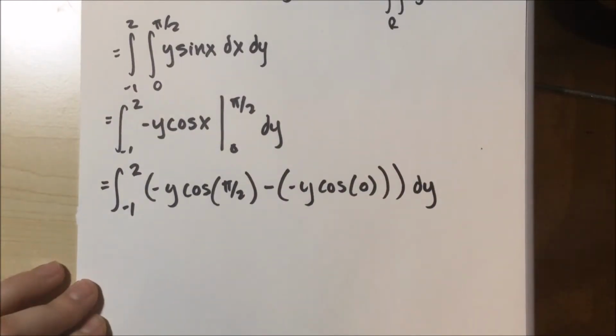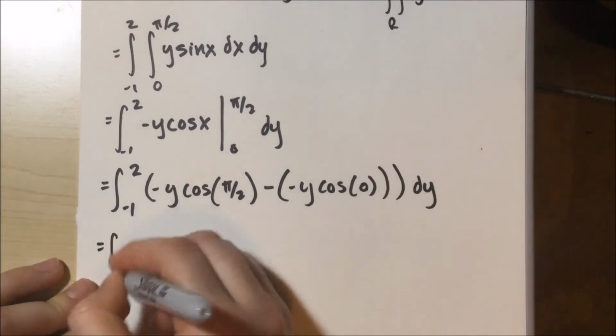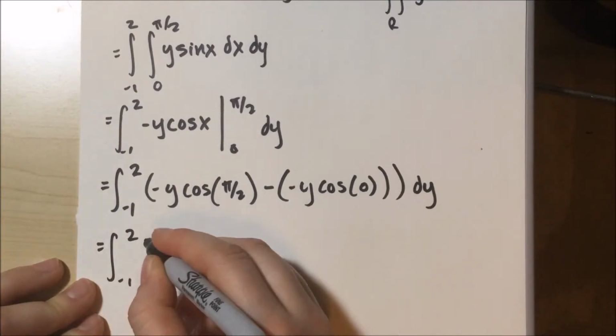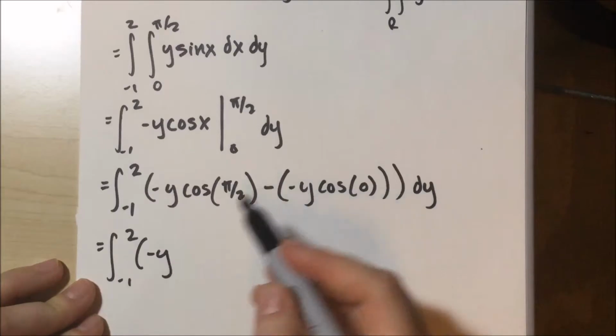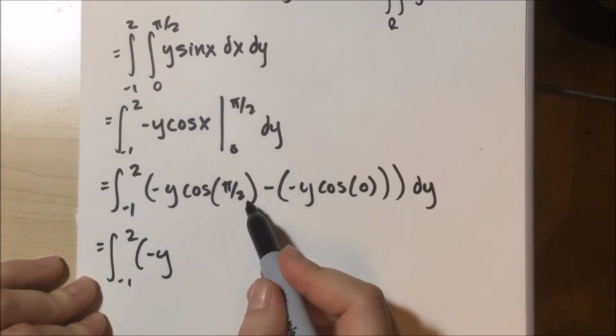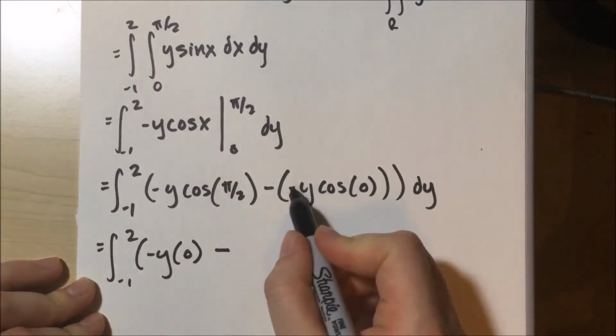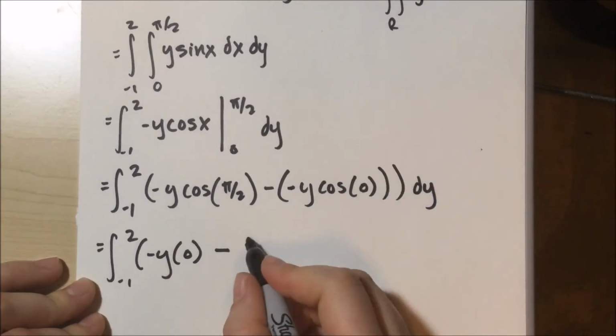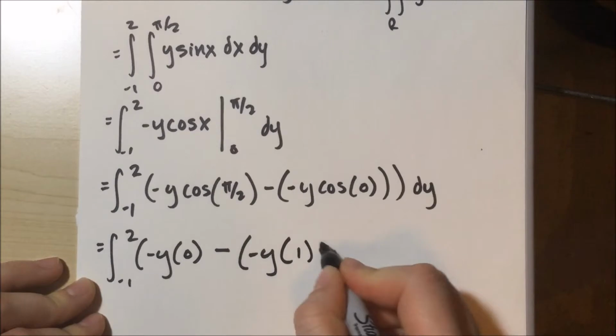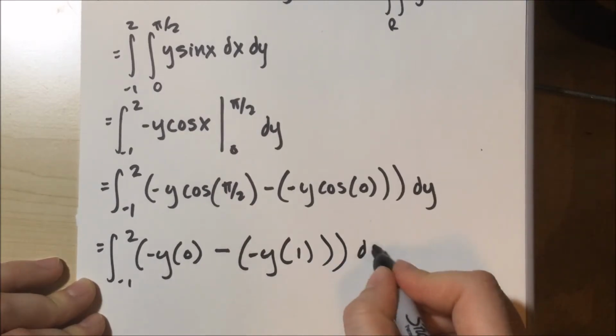Okay, when I plug this in, I have the integral from -1 to 2 of -y. Now cosine of pi over 2 is 0, so it's times 0, minus cosine of 0, which is 1. So I have -y times 1 dy.